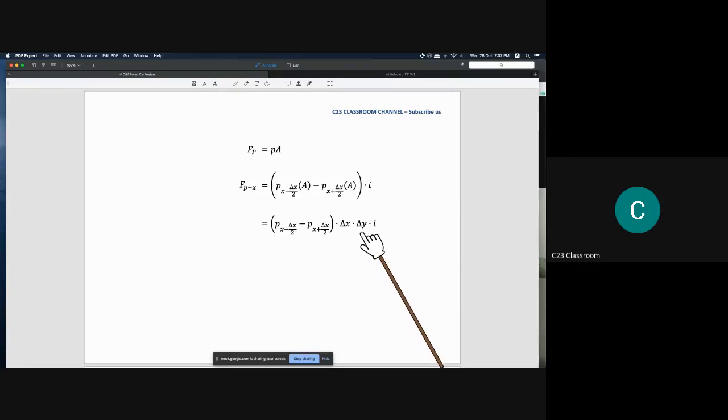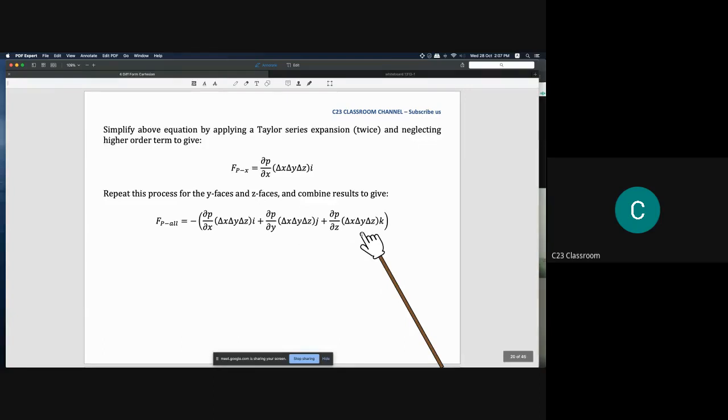And then if we do this for all the surfaces, meaning the surface of y and the surface of z, we could finally sum them into one term, so it can be like this. So we have delta p over delta x, times delta x, delta y, and delta z.